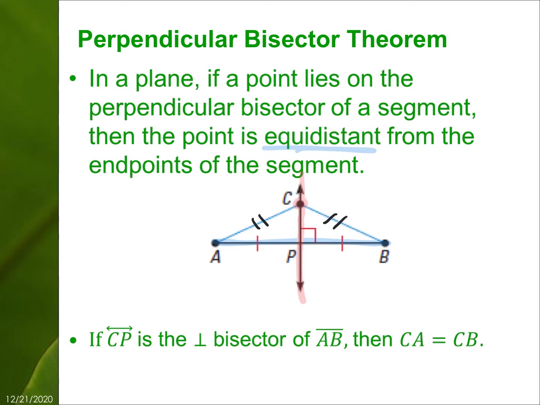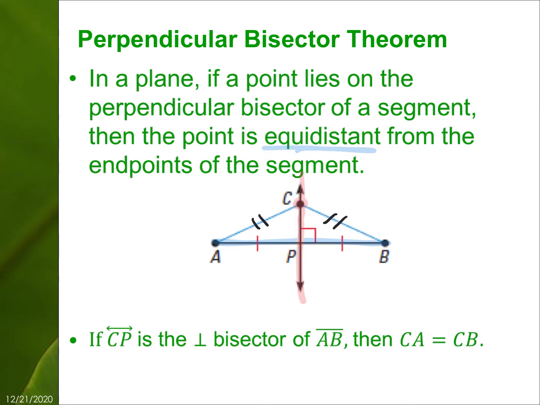So here, if CP is the perpendicular bisector of AB, then that tells me that CA is congruent to CB. And notice I added congruency marks to those two segments, indicating that they are the same distance.